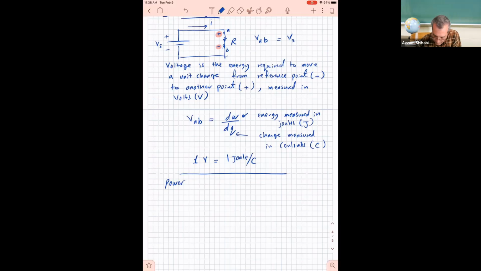Power is the time rate of expending or absorbing energy and is measured in watts.